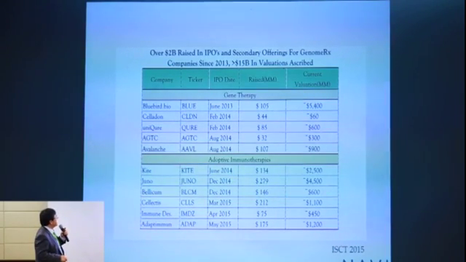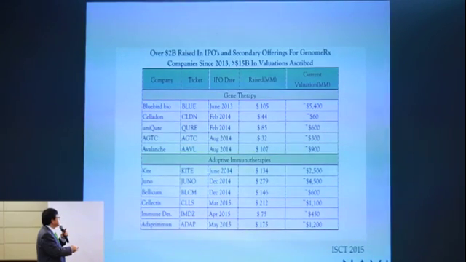This table shows that until 2014, these new companies raised from the financial market from 22 million to 105 million. And now their current valuation is around 4,500 million, and at least they have 60 million.